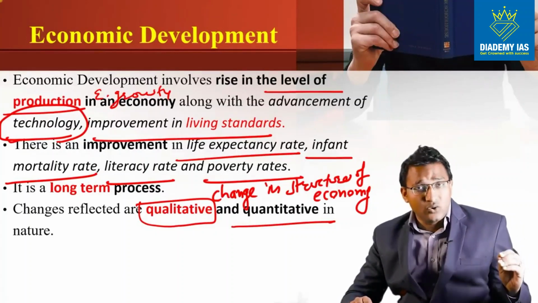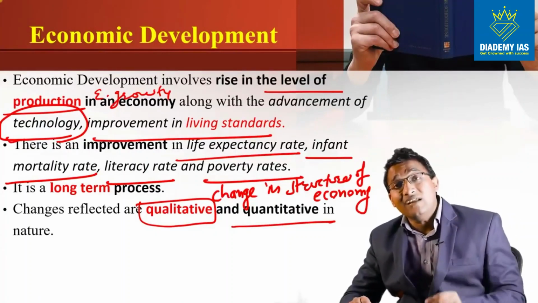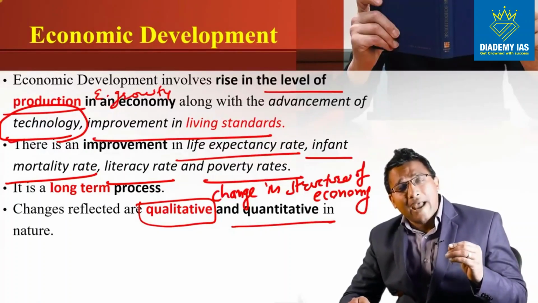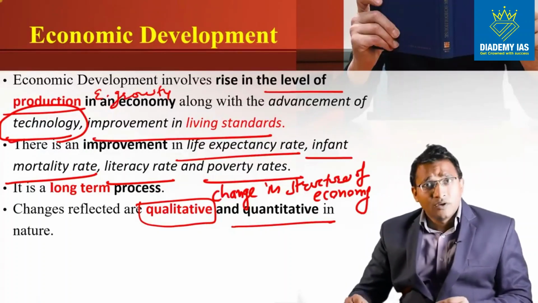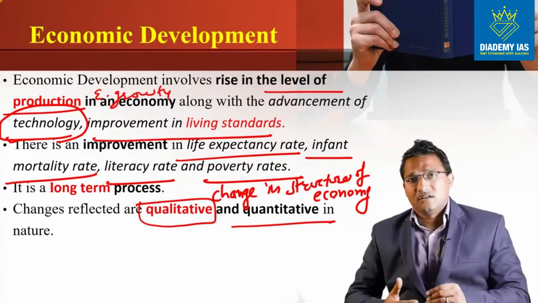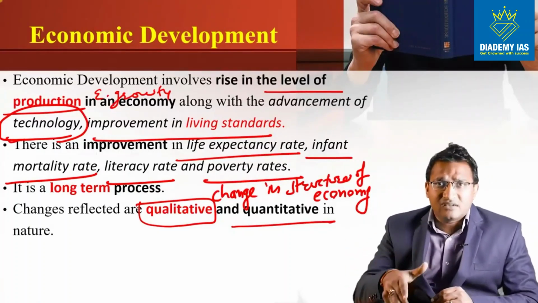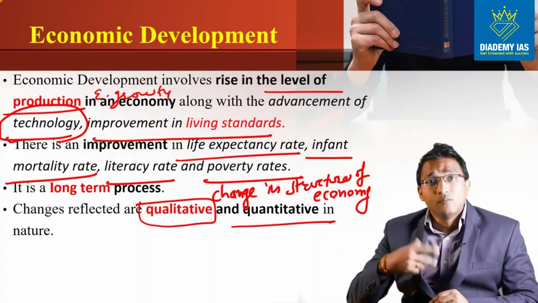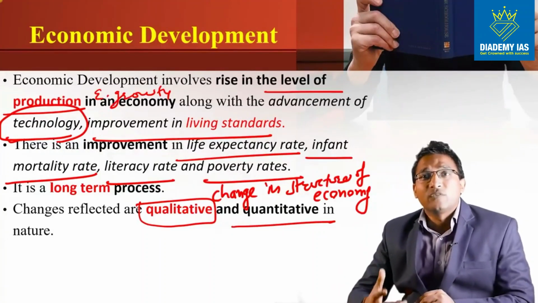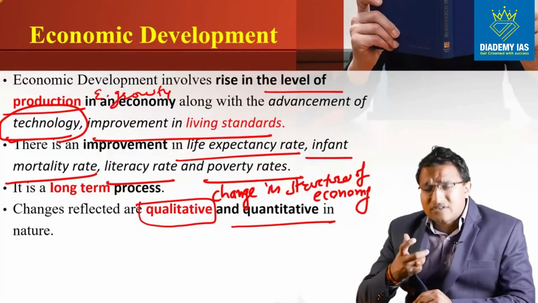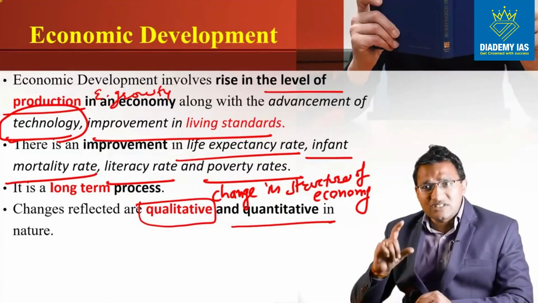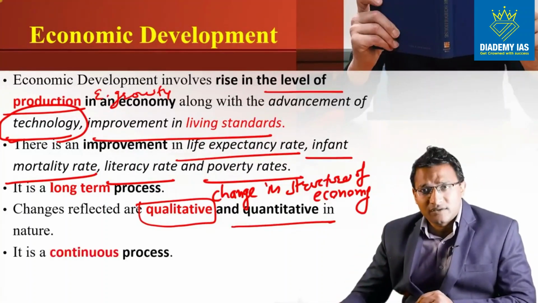Now earlier it was 100 units, now it is 110 units. No, we are saying that this 110 units has to be there, but at the same time more efficient sectors, the manufacturing sector, the service sector, they should produce more and more goods, so that there is more efficient utilization of resources, and there is high per capita income. So this change in structure is very, very important.